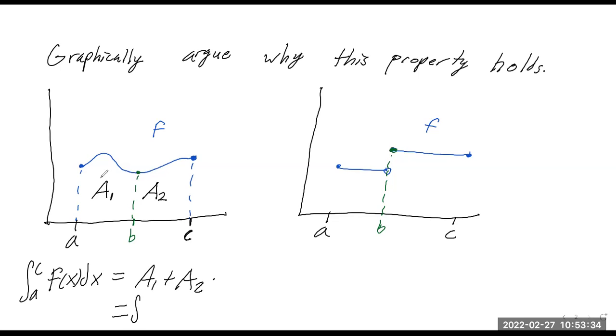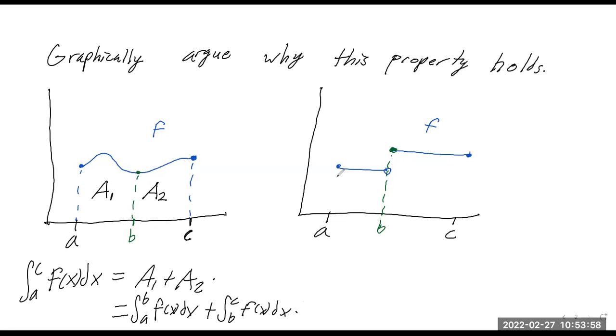But what is a1? Well, that's just the integral from a to b of our function. And what's a2? Well, just by definition of the integral, that's the integral from b to c of f.